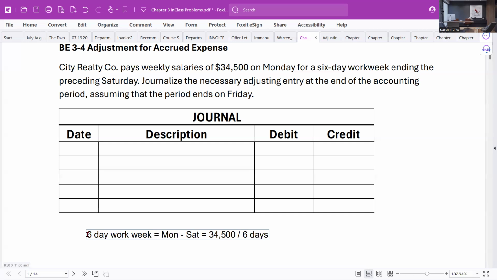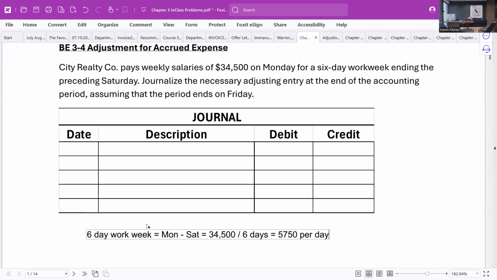Then what it costs for one day, 34,500 divided by 6 is $5,750 per day. That's what we know. And it's time to adjust the accounts because the work day of this work week is Friday. That's when the accounting period ends.